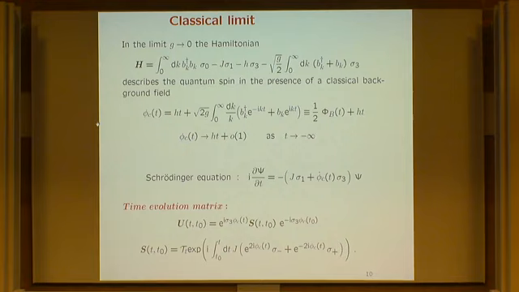As usual, to start solving this problem, we need to construct the time evolution matrix, a path-ordered exponent. I write it in this way because it will be convenient for me, since I'm preparing for quantization. So I will write the time evolution matrix in the following form.